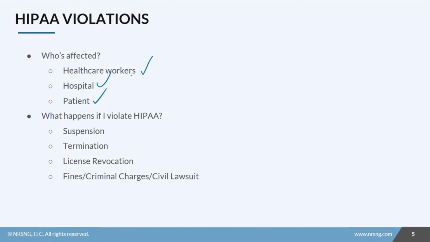HIPAA always also affects healthcare workers, so it's not just nurses it affects. Meaning that respiratory therapists, registered dietitians, your patient care techs, your CNAs, everybody that is privy to the information also has a right and responsibility to protect the private health information.